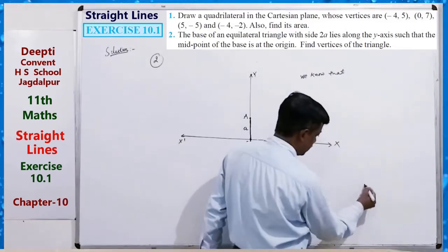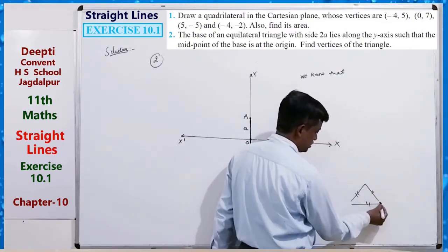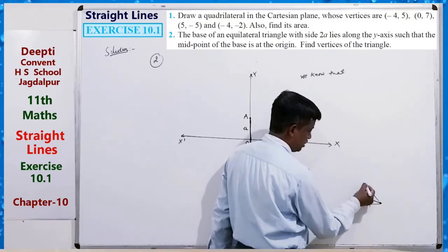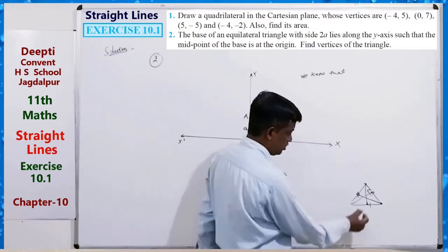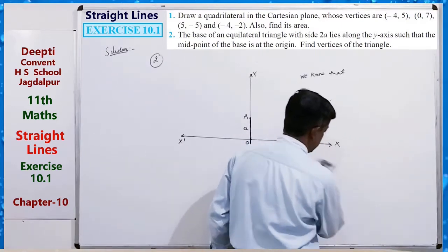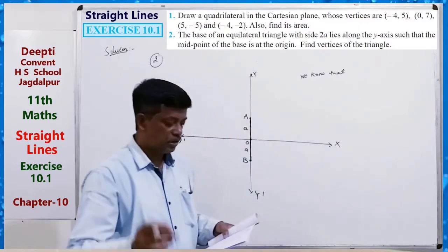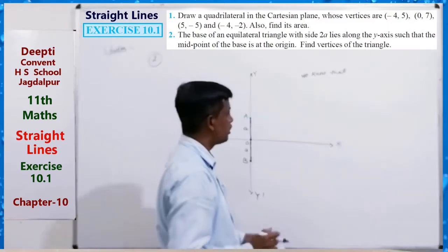Suppose there is an equilateral triangle. Equilateral triangle means these are all equal. Any vertex joined to the midpoint of the opposite side is perpendicular. So this is our known result. The line joining the vertex of an equilateral triangle with the midpoint of the opposite side is perpendicular.